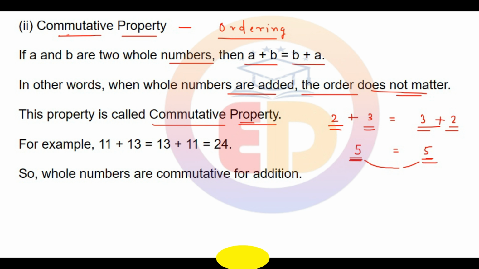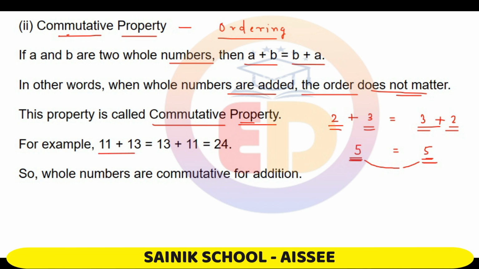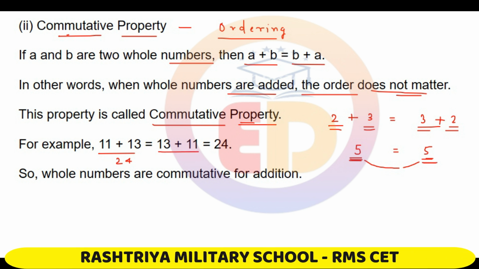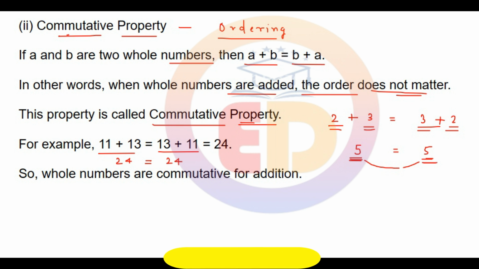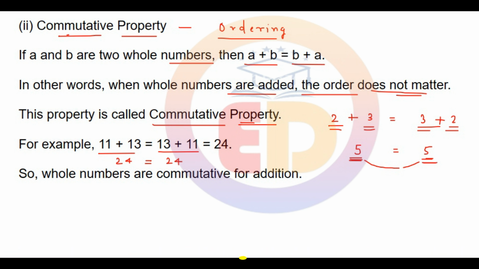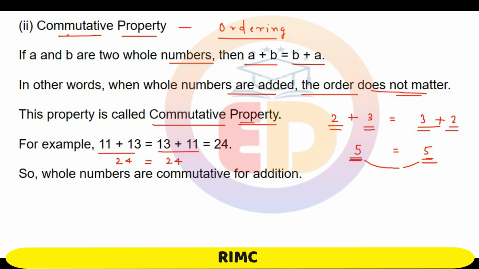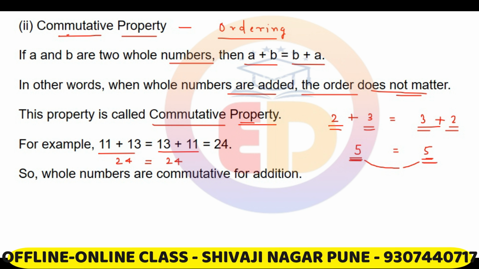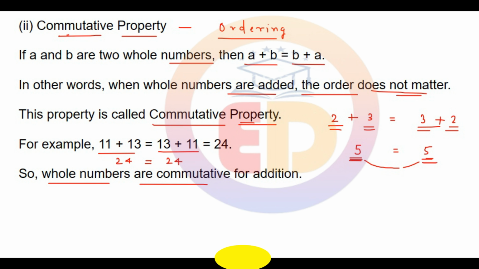They have given an example, 11 plus 13 is 24. If you change the order and write it as 13 plus 11, it will still give you 24. So while addition of whole numbers, the order of whole numbers will not be important. The final value of both will be the same. The sentence which can be asked as a question is, whole numbers are commutative for addition.